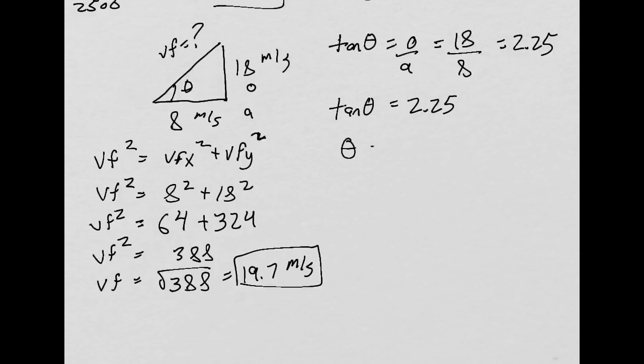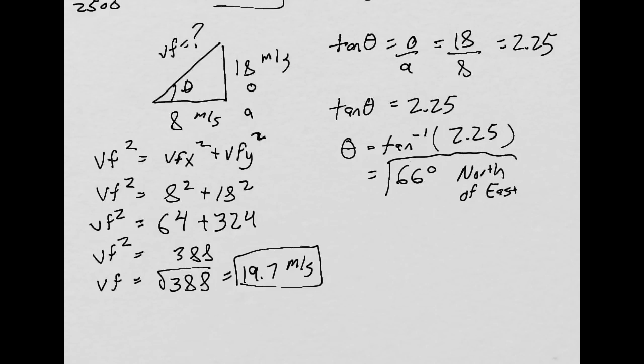So theta is equal to tangent to the minus 1, or arctan, of 2.25, which in degrees is 66 degrees north of east. And that is our velocity, 19.7 meters per second, 66 degrees north of east.